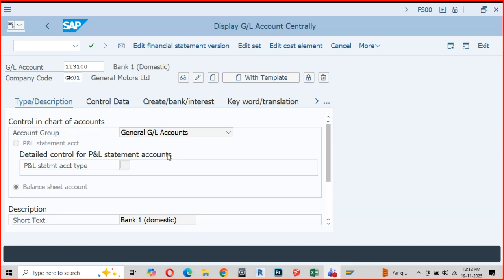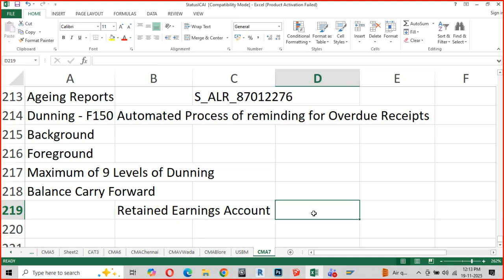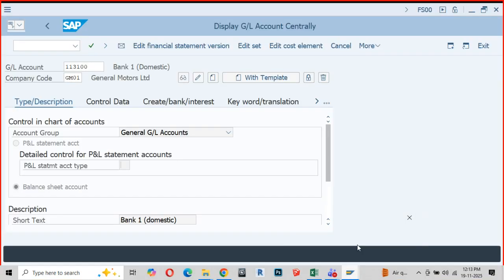And this is exactly your balance carry forward, and the process is done through the concept of a general ledger account, which is defined as the retained earnings account. Typical setup by the finance consultant. All right. So I will show you where exactly he does this.